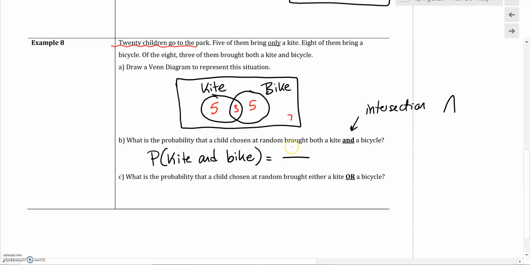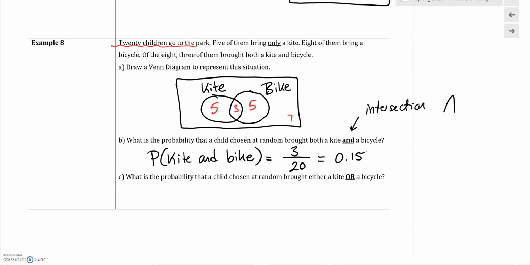Again, probability is number of ways to pull off a win or a success divided by the total possible number of outcomes. There's 20 outcomes because there's 20 kids that went to the park. And of those 20, how many brought a kite and a bike? That would just be 3 of them. So 3 out of 20 is the probability that if you chose a child at random, they would be one that brought a kite and a bike. And if you wanted that as a decimal, you'd get 0.15 or 15% chance.